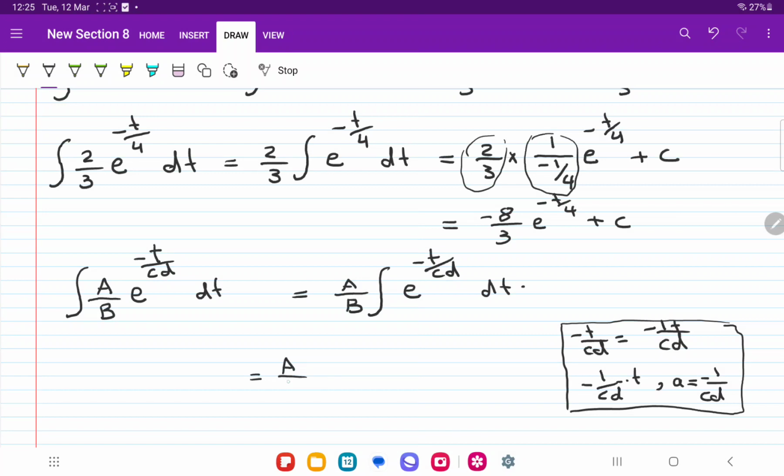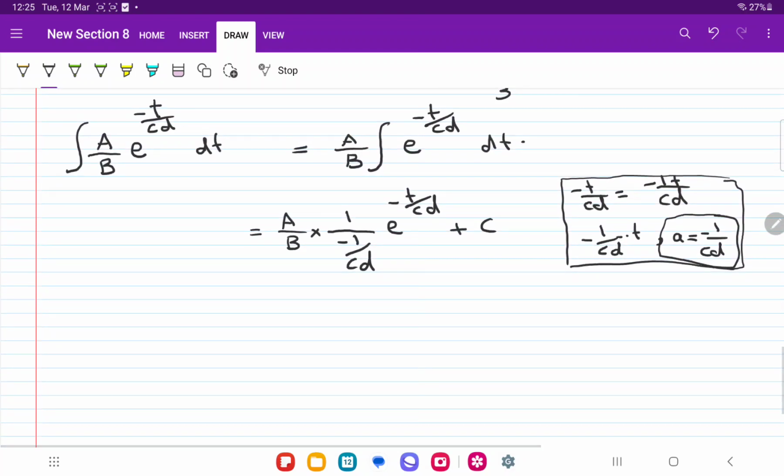That's a over b times 1 over a. A is that number, so it's going to be 1 over minus 1 over cd e to the power minus t over cd plus c. Now how are we going to rearrange this function?